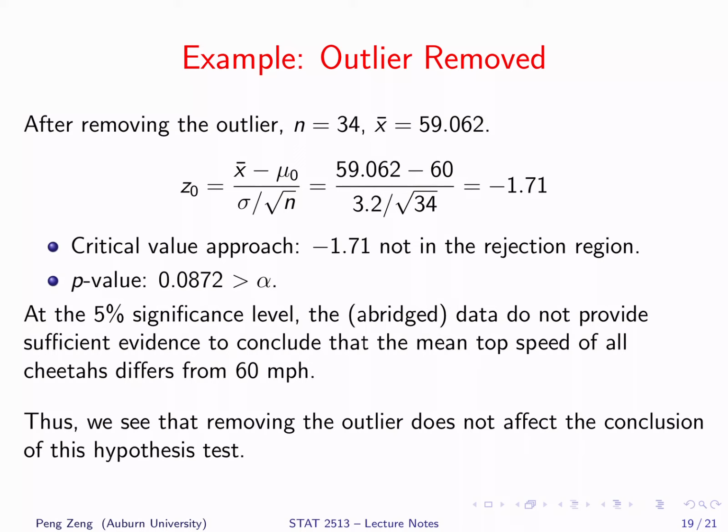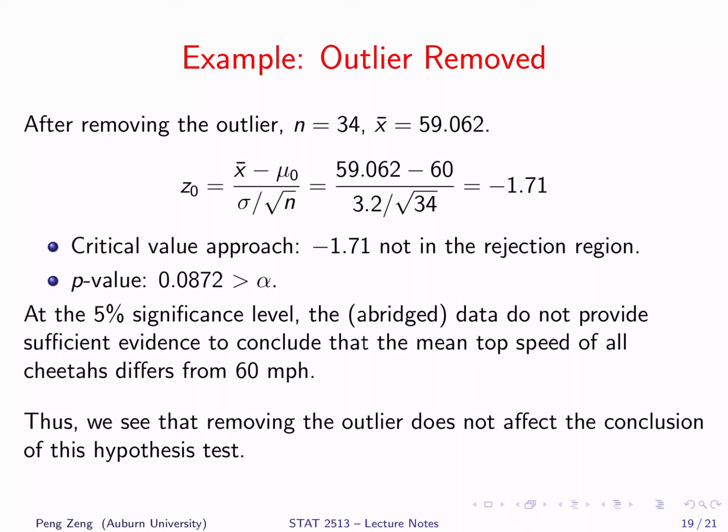As a conclusion, at the 5% significance level, the abridged data do not provide sufficient evidence to conclude that the mean top speed of all cheetahs differs from 60 miles per hour. Therefore, we can see that removing the outlier does not affect the conclusion of this hypothesis test.